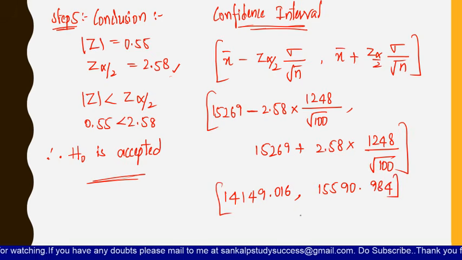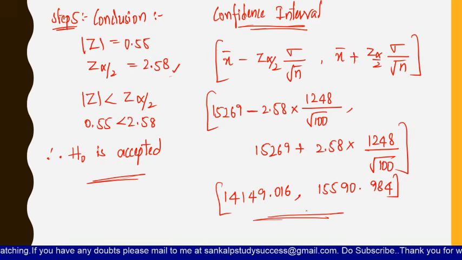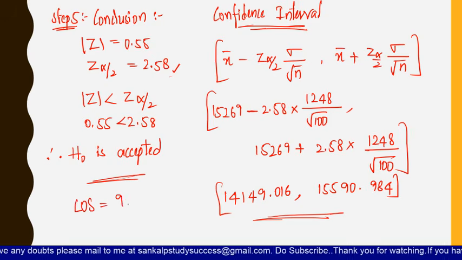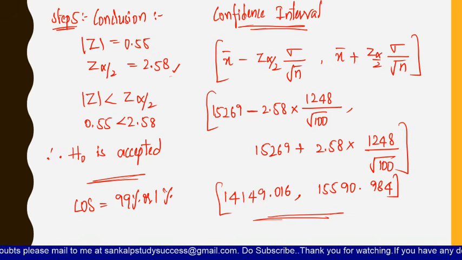So this is the confidence interval for the 99% level. A 99% confidence level corresponds to a 1% level of significance, right? If it is given as 95% or 5%, then both are one and the same. In this way, you calculate the confidence interval for the given question.